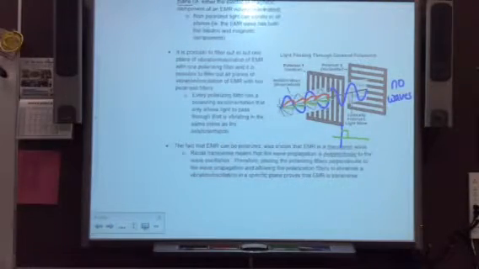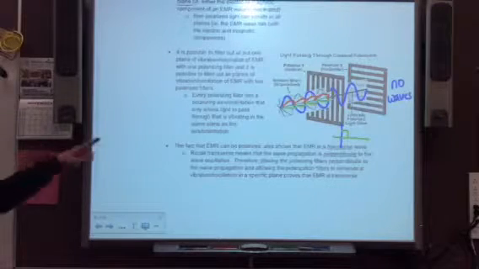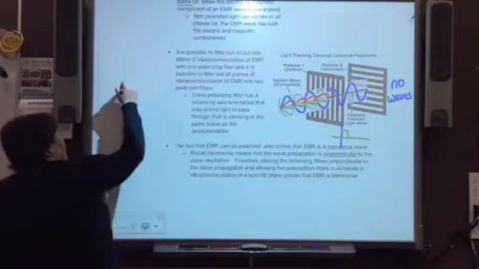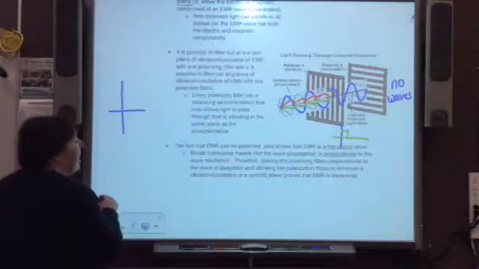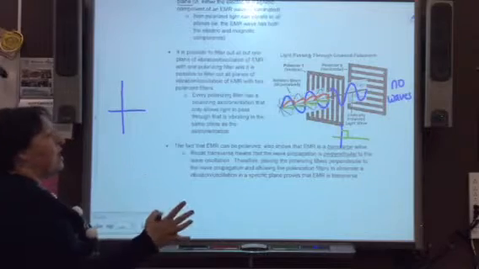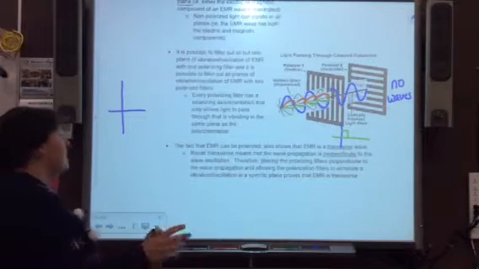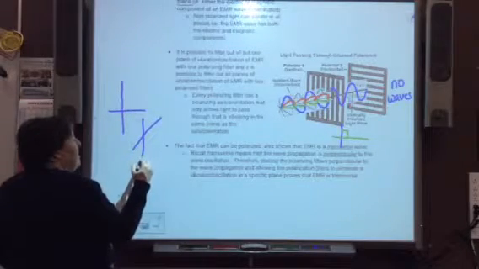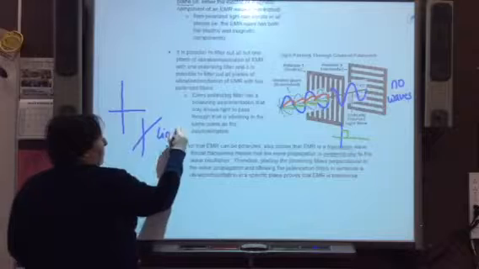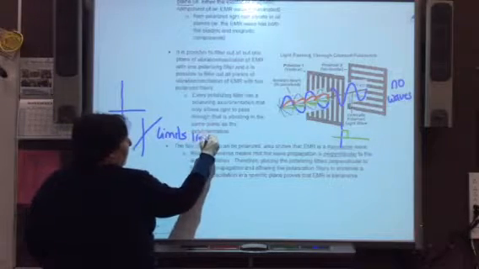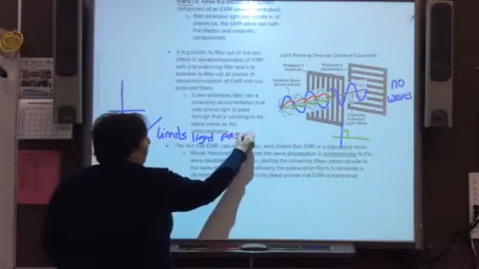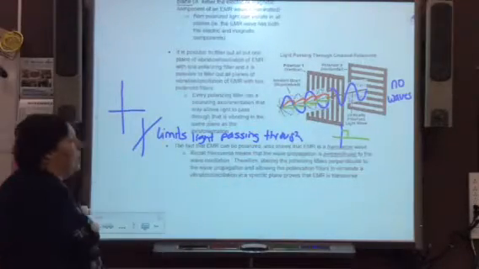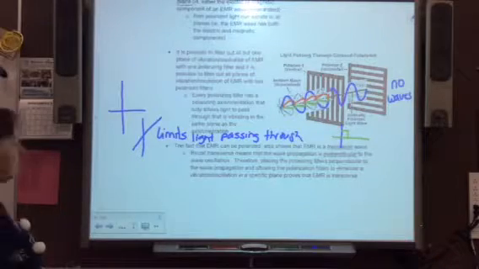So polarized lenses in glasses work on this exact same principle, only instead of being 90 degrees, which would totally suck, you wouldn't be able to see anything, maybe they're like this. And it limits the light passing through. You will see a polarization question on the diploma, I guarantee it.